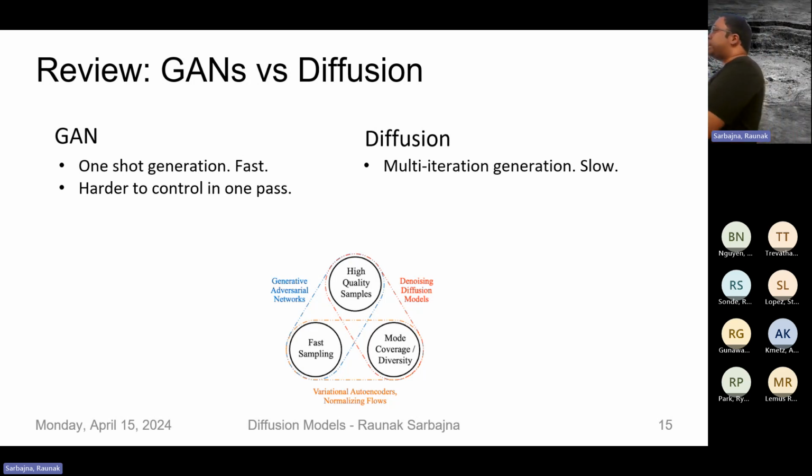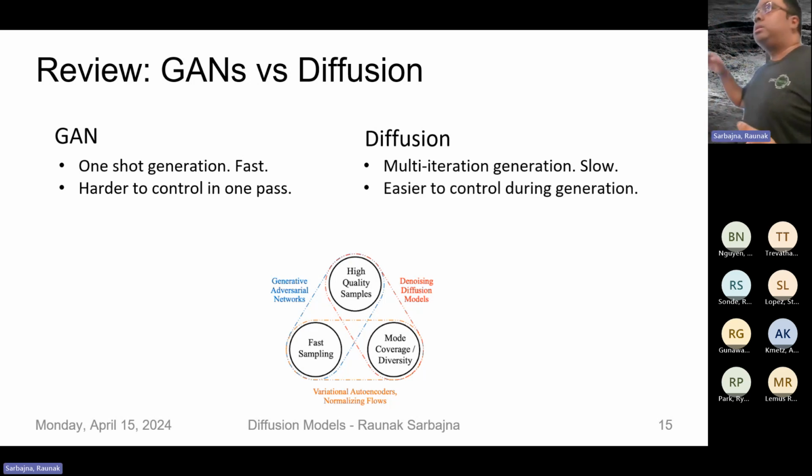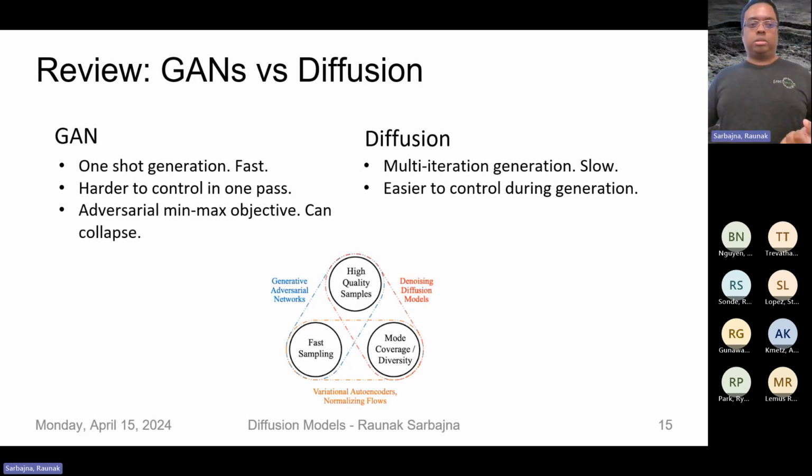If you are trying to train the model to move in a particular direction, it's very difficult to do. But in diffusion, because it's step by step, because it's a Markov chain, you can add in parameters, you can add in controls, you can add in constraints within those steps. So it's much easier to control during this generation process.